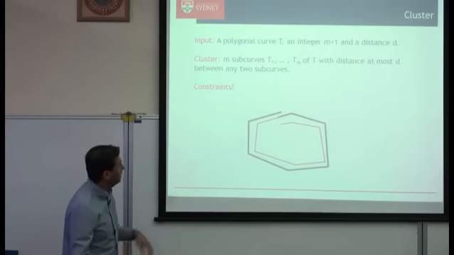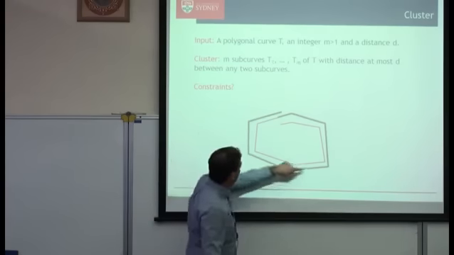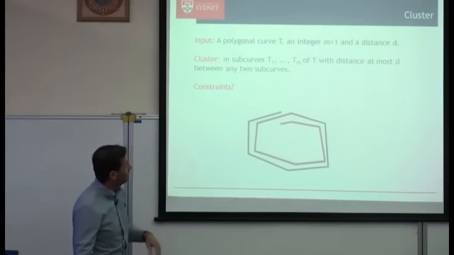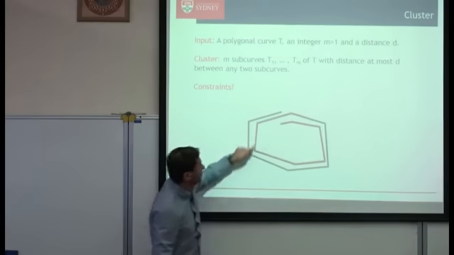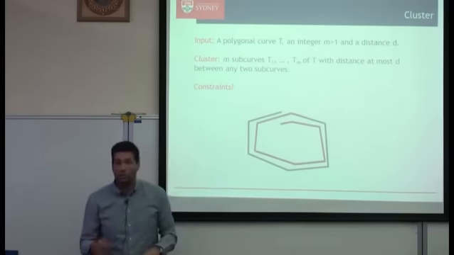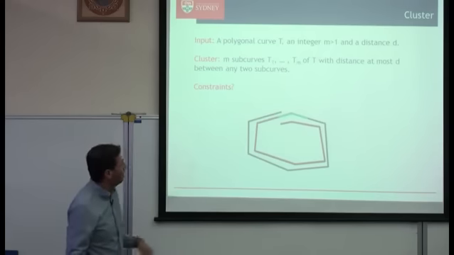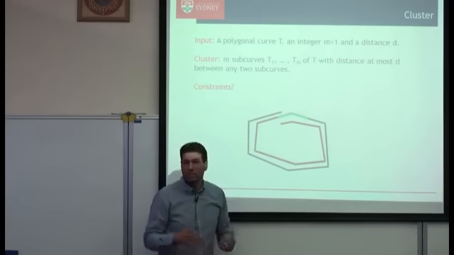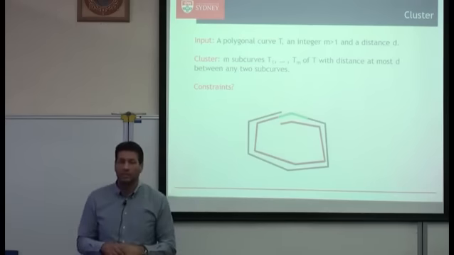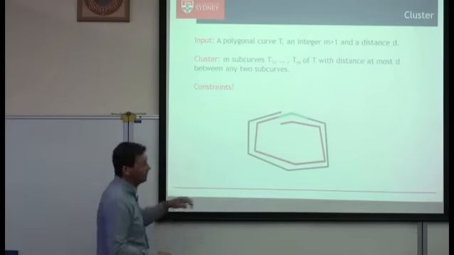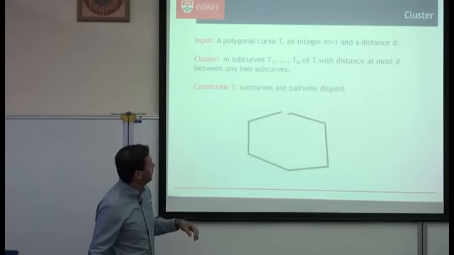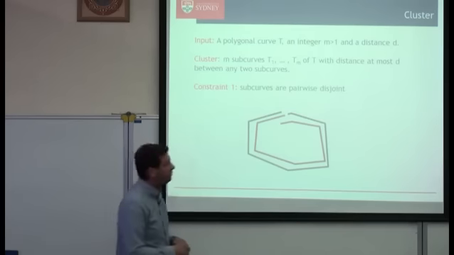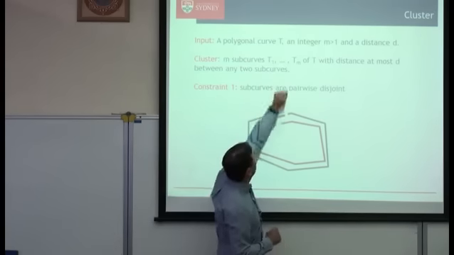Maybe this would be the first subcurve, and this one has a small distance to it. The distance between these two is very small, but they overlap, which doesn't make sense for most applications. So usually you assume that the subcurves are disjoint. Okay? These subcurves have to be disjoint.